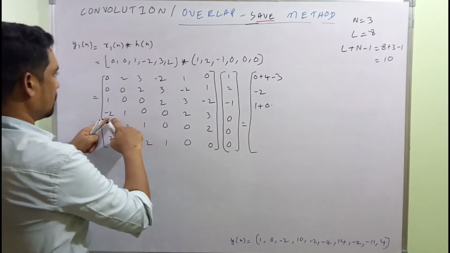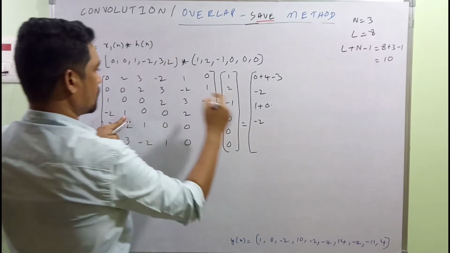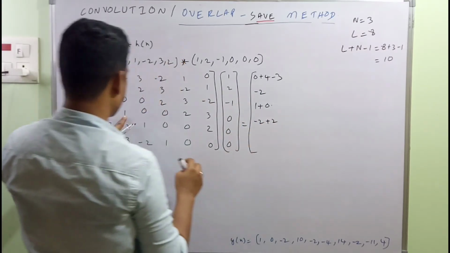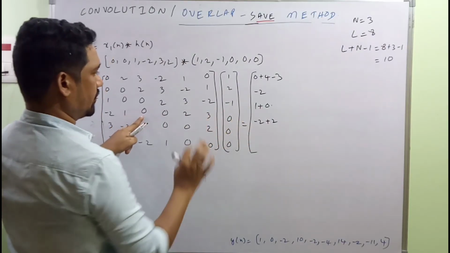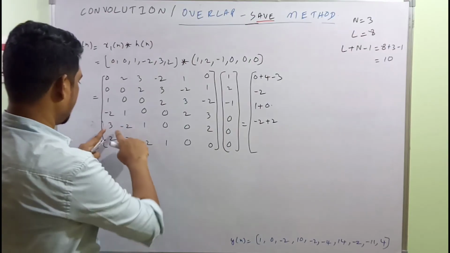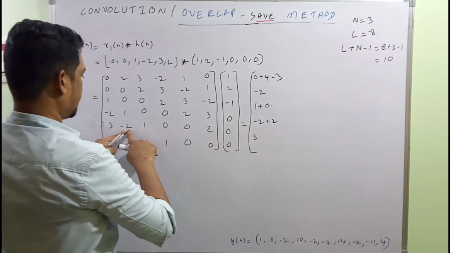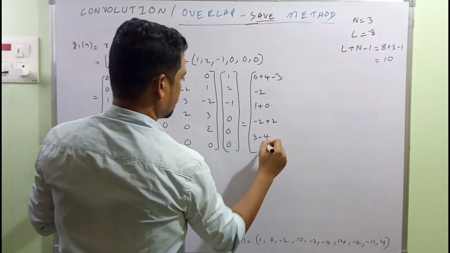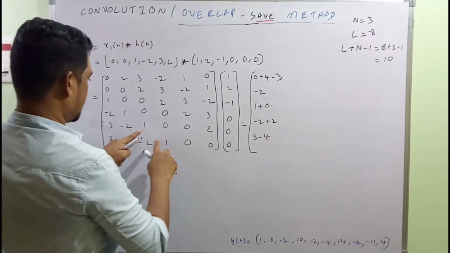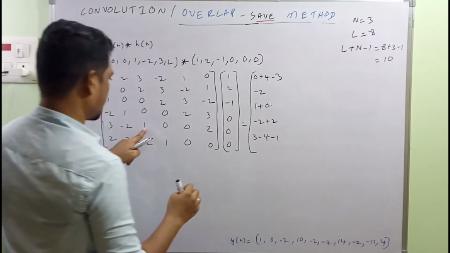And -2 into 1, that's -2 here, 1 into 2, that's +2, 0. We are done with 0 and 3 zeros, so these will be 0, right? And over here 3 into 1, that's 3, minus of 2 into 2, -4, plus 1 into -1, that will be -1, right?